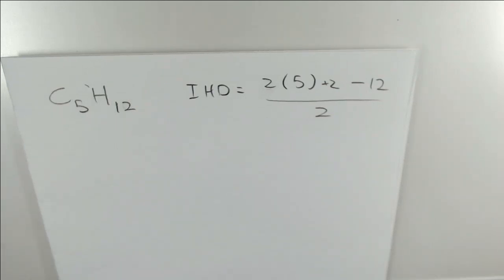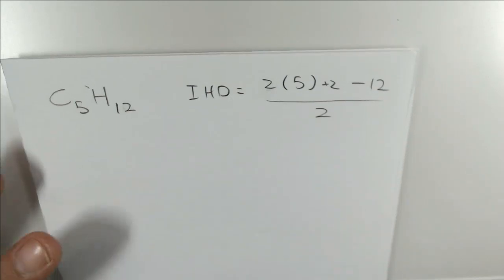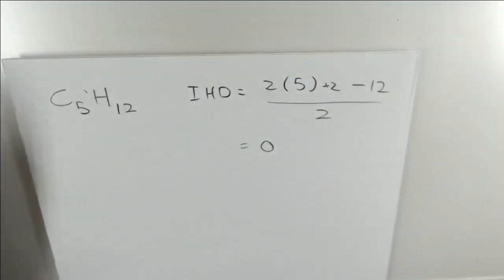I don't think the PowerPoint explicitly mentioned it, but the division by 2 is for the pair of hydrogens. This is equal to 0. So what does that tell me about all the different structures I draw? We're going to have no double bonds and no rings.